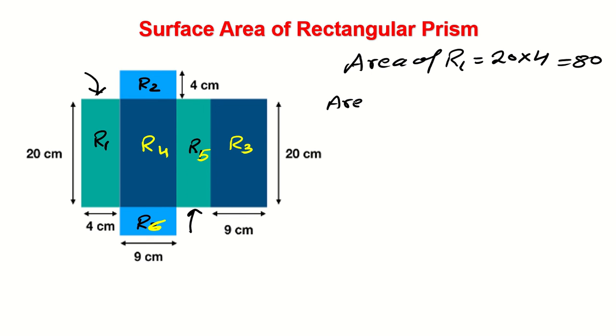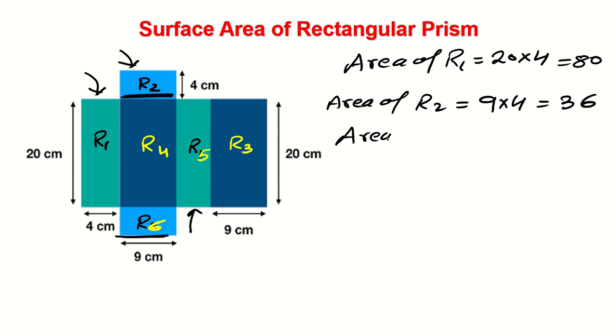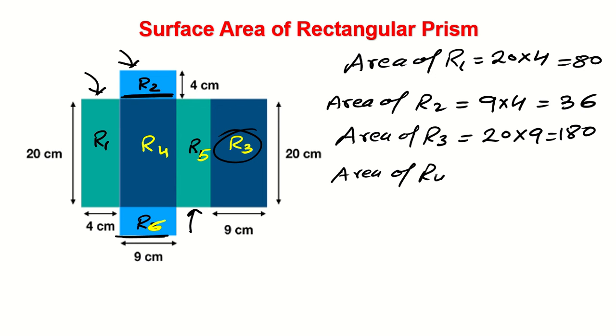Now area of R2, R2 is here up. This is 4, and this side is 9, so this also will be 9. 9 multiplied by 4 means 36. Area of R3: this is R3, so 20 multiplied by 9 means 180. Then area of R4, R4 is in the middle.